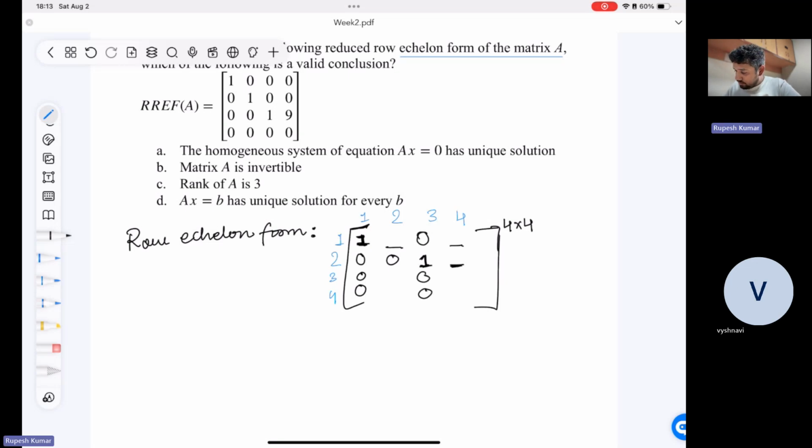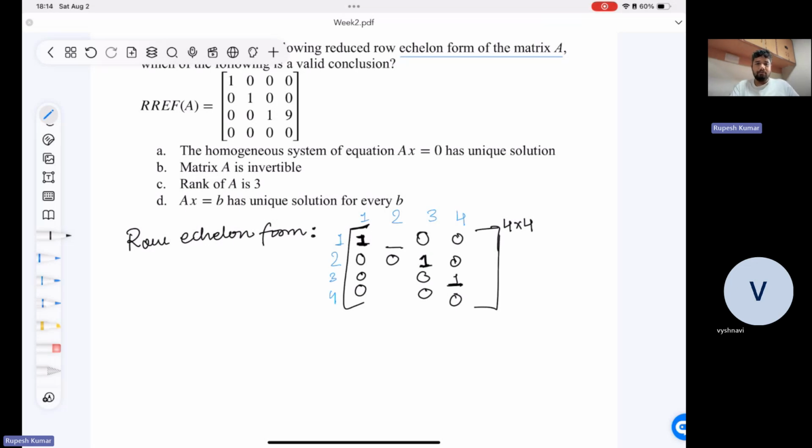Now let's say for row 3, the leading non-zero number is at column 4, right? So you put 1 here, then you have to ensure that all other entries are 0 in that column. So this is the basic idea of reduced row echelon form.